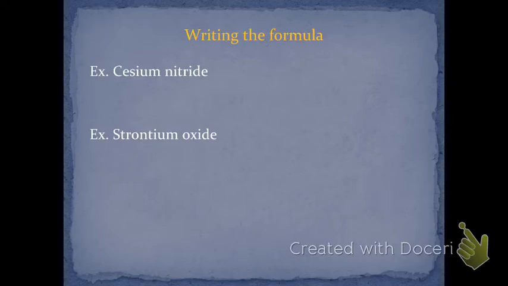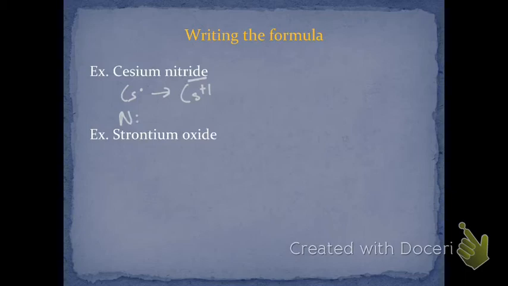Alright, just go ahead and try these. I give you the name, and then you write the formula, and I'll go over it. Cesium is Cs, so Cs with 1 valence electron is Cs+1. Nitride is nitrogen. Remember, you have to remove the ending and add IDE. So this originally was nitrogen.